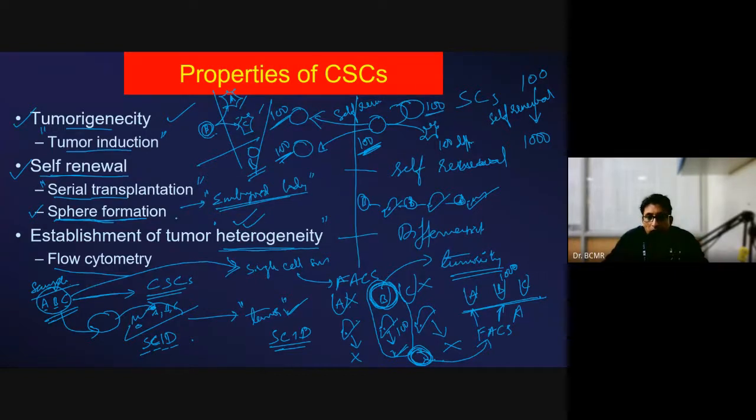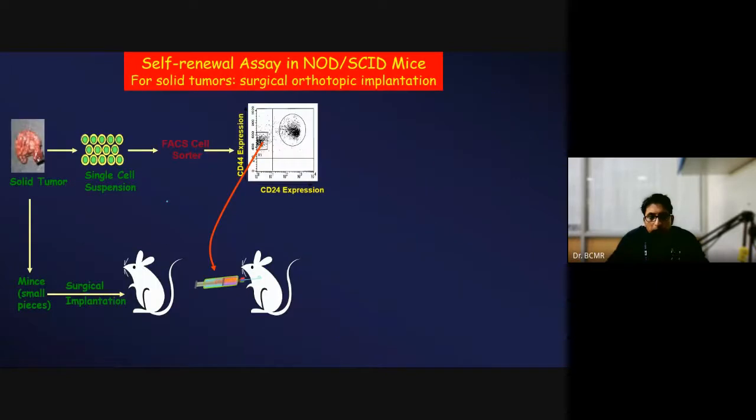The same thing can also be done in vitro, where you provide the culture conditions and you give the cancer stem cells, and they can form small spheres, and those are called spheres in general.